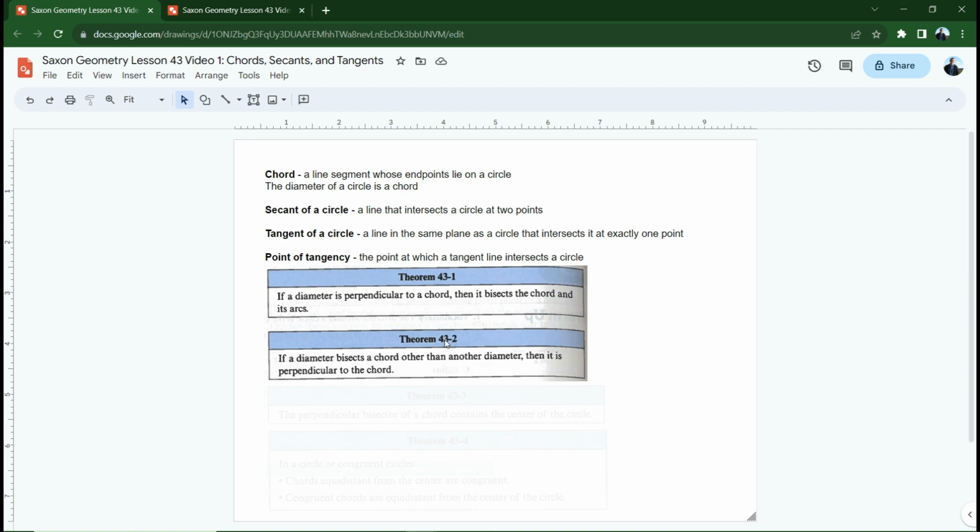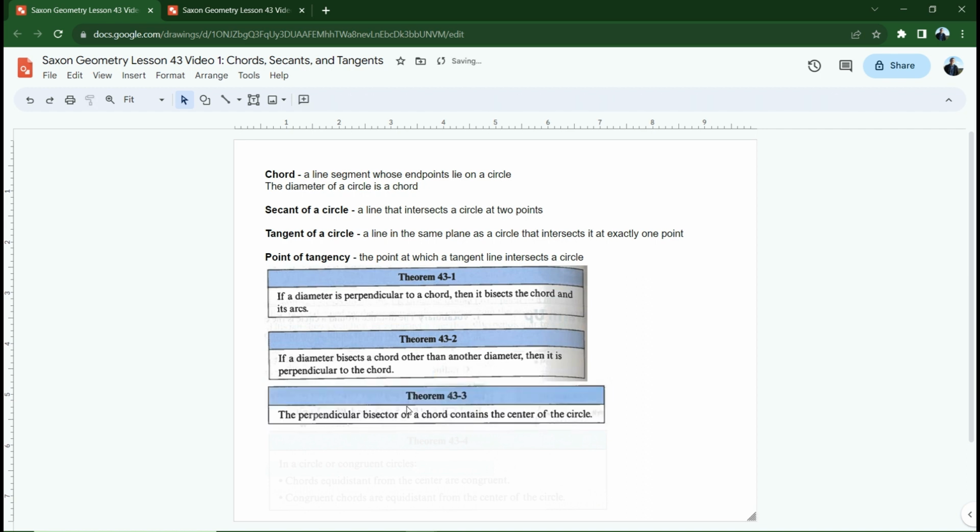There's a counterexample, and the counterexample is another diameter that gets bisected. The point there is that because there's a counterexample, we have to come up with an entirely new theorem. We can't just say the converse of the first is true.